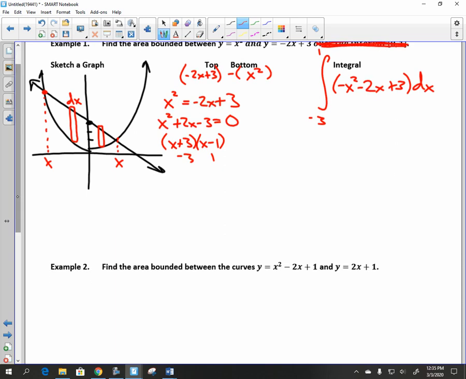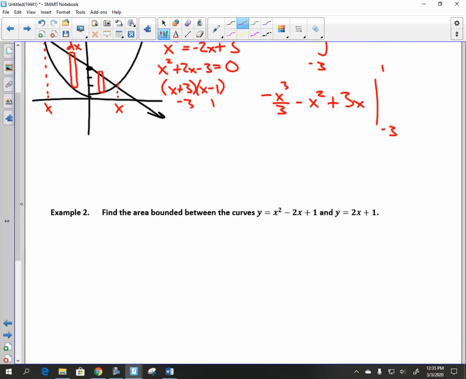Let's determine the antiderivative. What's the antiderivative of negative x squared? Negative x cubed over 3 minus x squared plus 3x evaluated at 1 and negative 3. What do you get? 1.